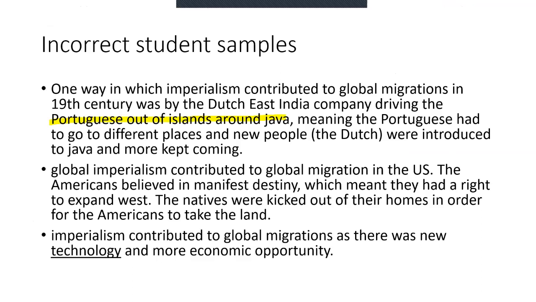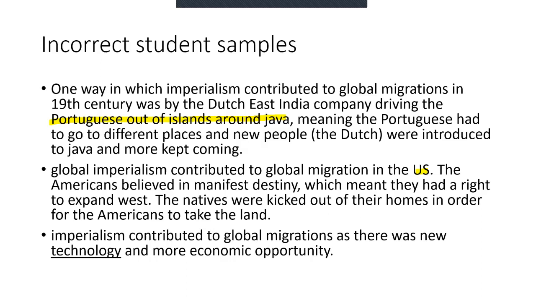The Portuguese had to go to different places and new people. The Dutch were introduced to Java and kept more coming. I mean, are you talking about a settler colony here? You've got to be careful, guys, with the time. The question is in the 19th century. This is not going on in the 19th century. This is in the previous period.